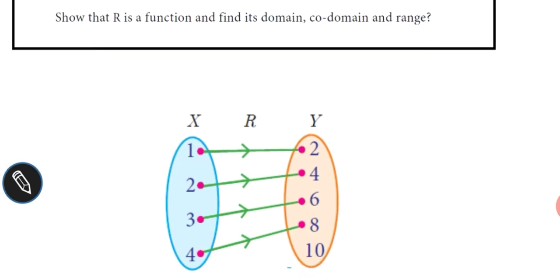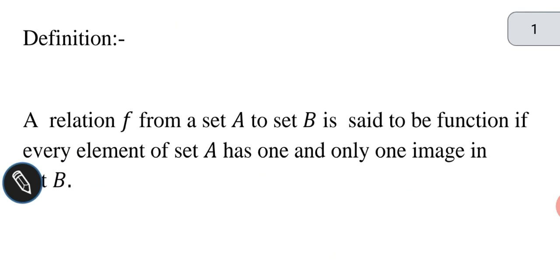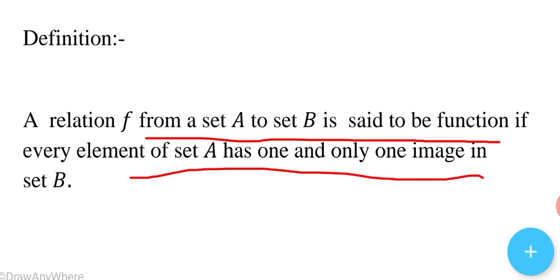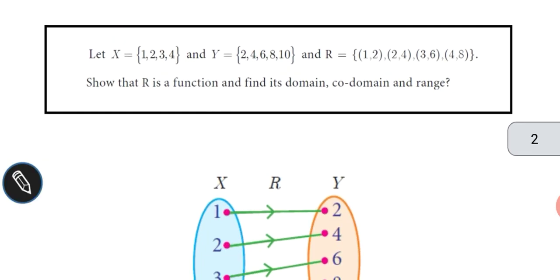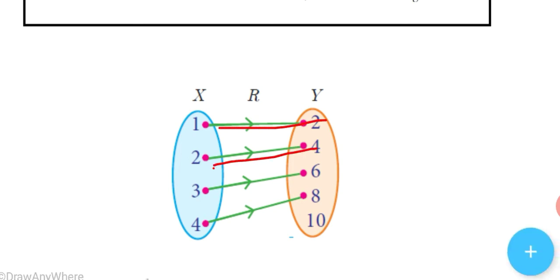As per the definition, a relation f from set A to set B is said to be a function if every element of set A has only one image in set B. So now we check whether each element has only one image. 1 has image 2 only, 2 has image 4 only, 3 has image 6 only, 4 has image 8 only.